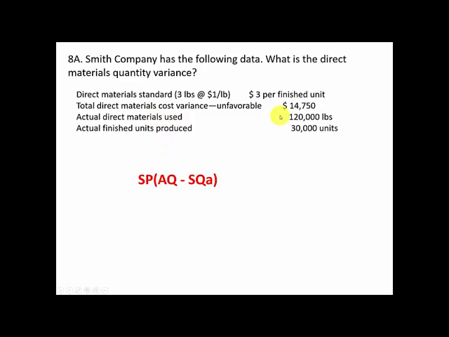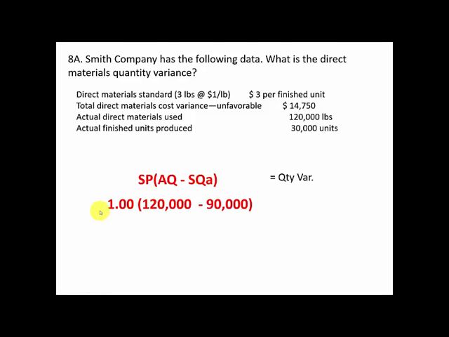You used actual material of 120,000 pounds, and the standard price is $1 per pound. The standard quantity allowed to make 30,000 units is going to be 30,000 times 3 pounds, which is the standard, or 90,000.